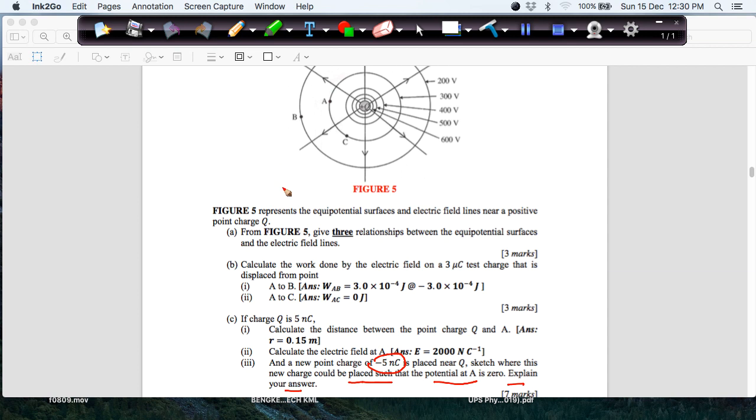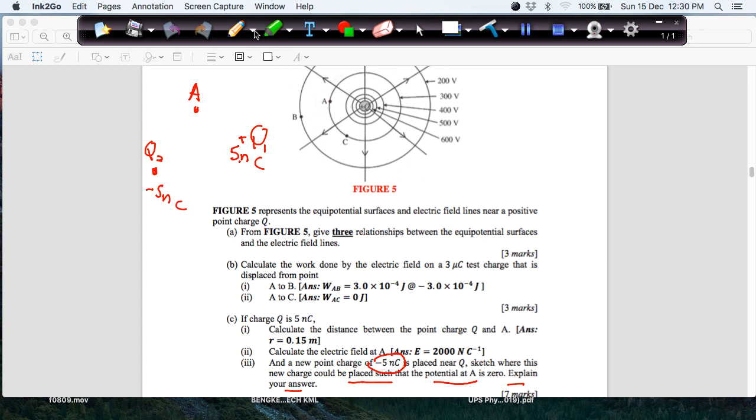Let's say this is point A. Q1 here is a positive 5 nanocoulomb, and we have another charge, Q2, of the same magnitude, but negative nanocoulomb.